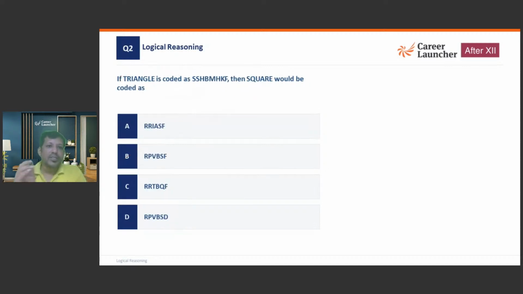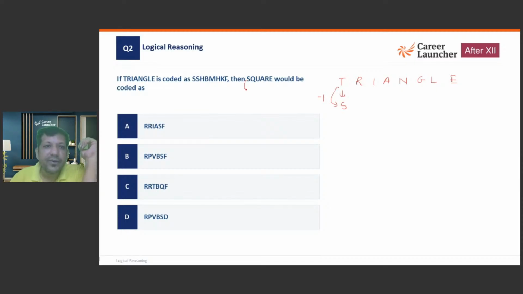Now, let's look at this one. Triangle is coded as this; square will be coded as what? Okay. So if I look at T, T R I A N G L E, T is S. It means I am going one letter behind.